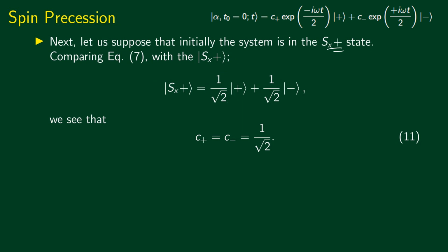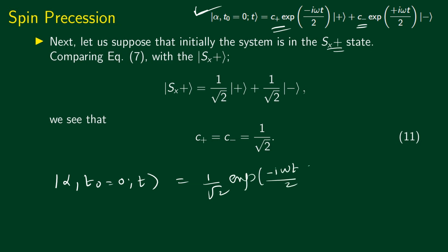You just have to put c plus equal to 1 by root 2 and c minus equal to 1 by root 2 in this expression. So the state at a later time in this case, ket alpha, t0 equal to 0 at time t, is equal to 1 by root 2 exponential of minus i omega t by 2 ket plus plus 1 by root 2 exponential of i omega t divided by 2 ket minus.